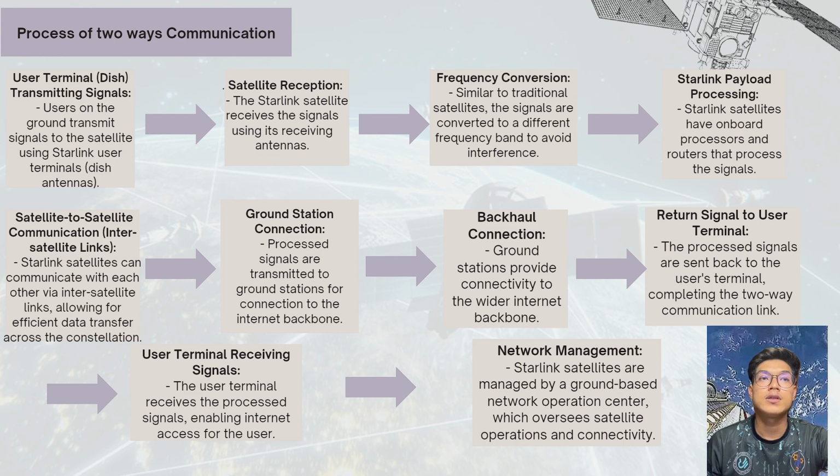And fourth is user terminal receiving signal. The user terminal or dish antenna receive the returned signal. This final step allow user to access the internet, providing a seamless and high speed connection.